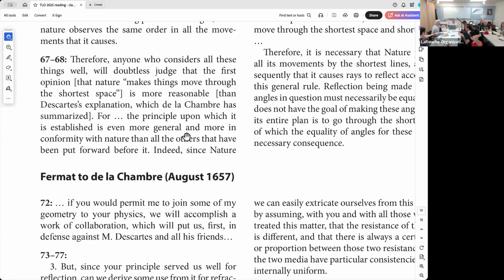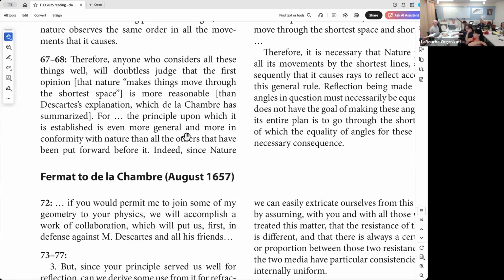So we're going back up, not past the footnote, correct? We're going to read the end of de la Chambre's excerpt. This is on page 10 at the top, 67 to 68, it says. Right. Can you put it back on the screen where it's large? Thank you.